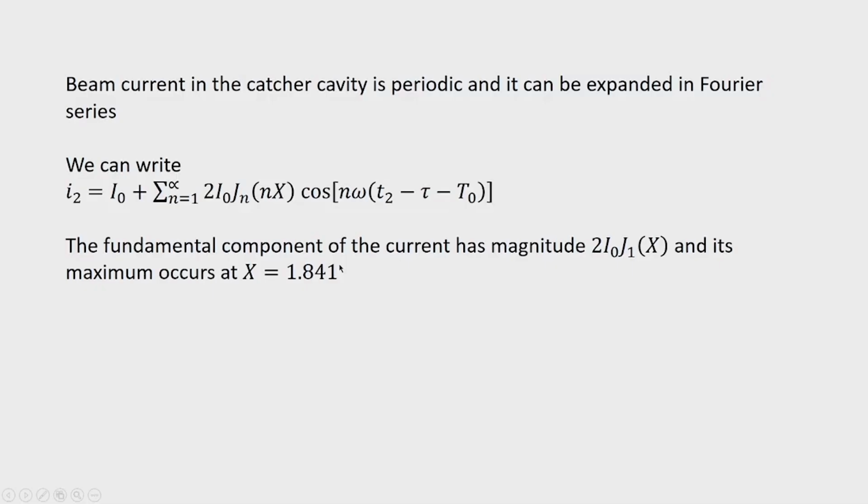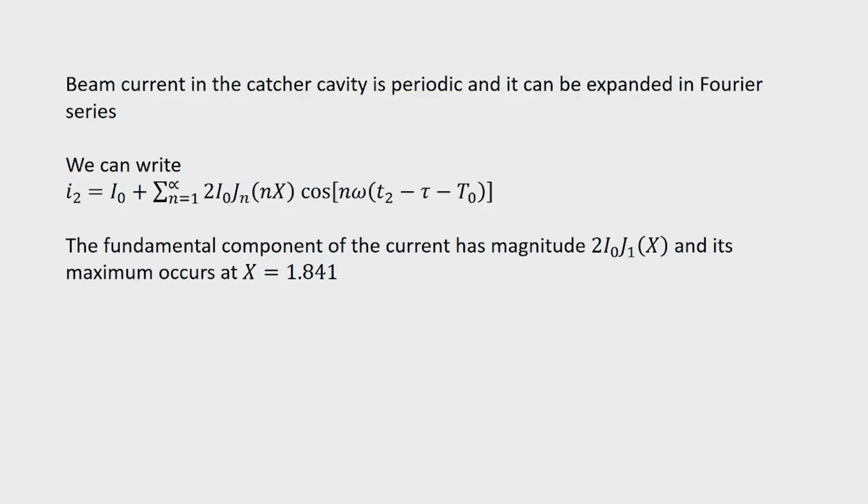Because of the resonant behavior of the catcher cavity, this cavity will actually pick up the fundamental component, and the fundamental component of the current has a magnitude of 2 I naught J1(x), and the maximum of this fundamental component occurs at x is equal to 1.841.